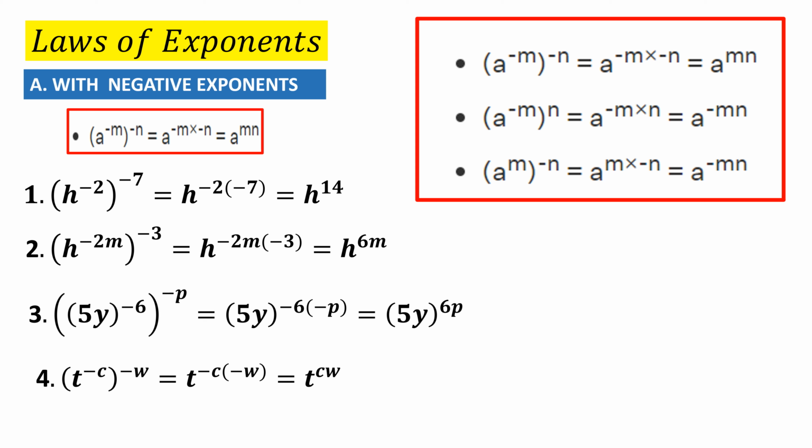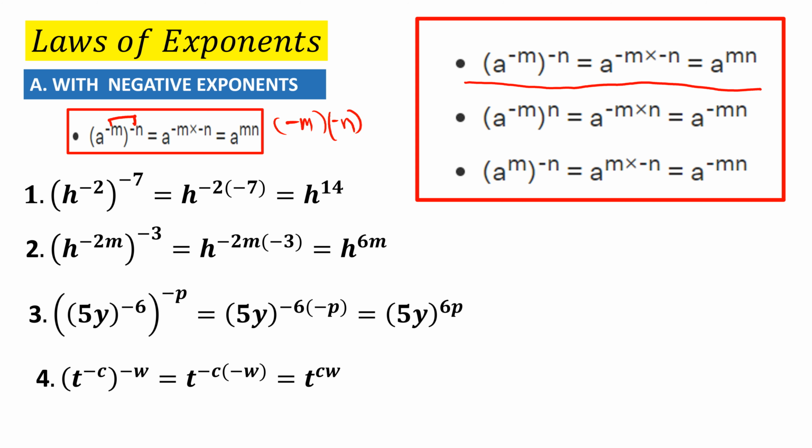Let's proceed to this next example. Let us consider this expression, where we will be multiplying negative exponents. In this case, we have the inner exponent, which is negative, times the outer exponent, which is negative. The same thing that we did in the previous examples, we simply multiply the negative m times the negative n.